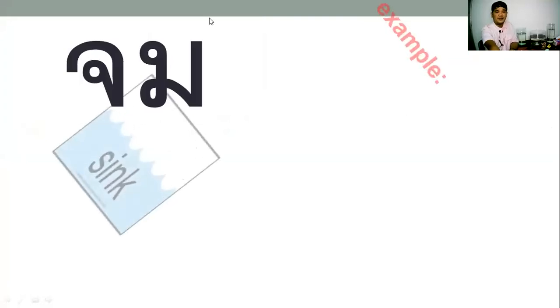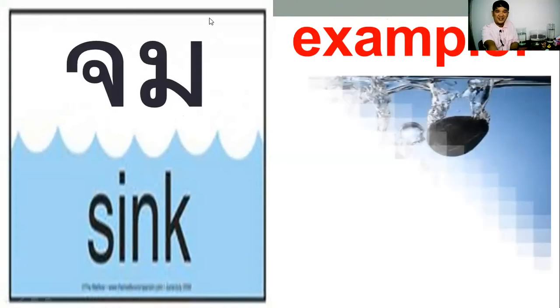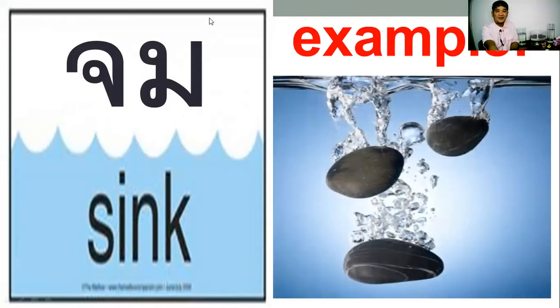Another, and this one is for sink. What are the examples for sink? Do you have an idea? Very good. Let's watch this. It's a stone. The stone is going under the surface of the water.